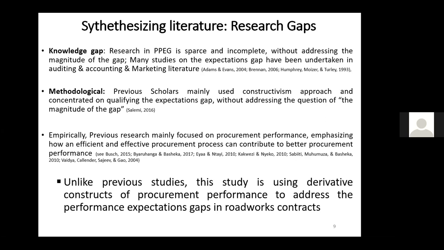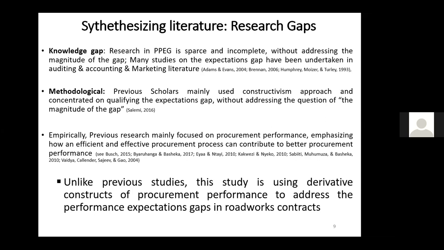When we synthesized literature, we identified a number of research gaps. First of all, research addressing the performance expectation gap is sparse and incomplete, and it does not address the magnitude of the gap, which we are questioning here. Many studies on the expectation gap have been undertaken in auditing and accounting and marketing literature.